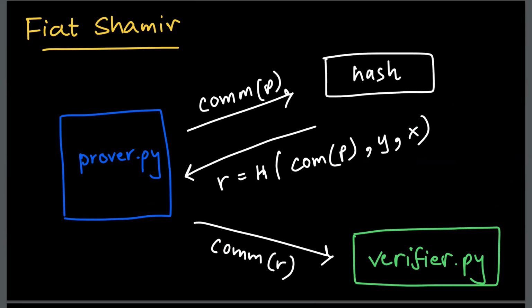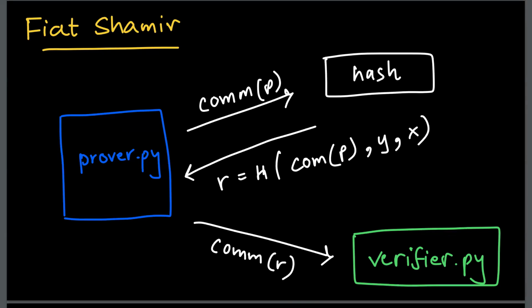This is an interactive protocol which would happen in ideal situations, possibly in books. But in practice, when we're dealing with programs, it doesn't work like that. So we have a prover program which would have this commitment of p. To get a random r, it wouldn't go to the verifier. It would use a hash function and hash the commitment with a bunch of other variables.